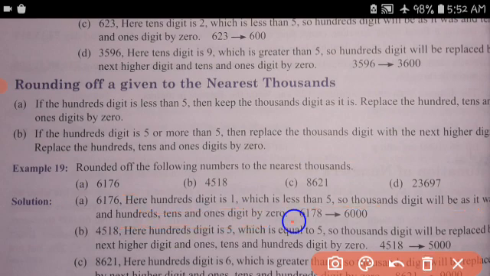So 6176 is equal to 6000. 4518. Here the hundreds digit is 5, which is equal to 5. So the thousands digit will be replaced by the next higher digit and the rest by 0. 4518 is equal to 5000.